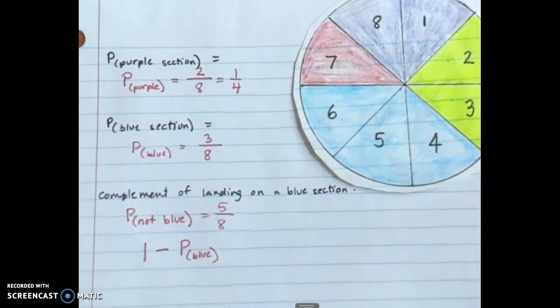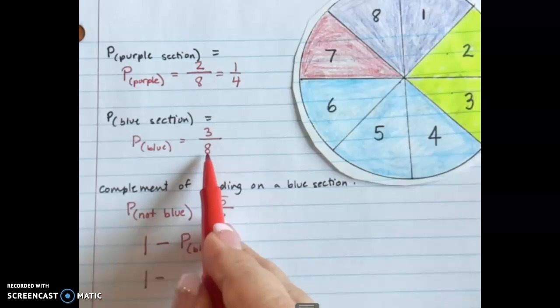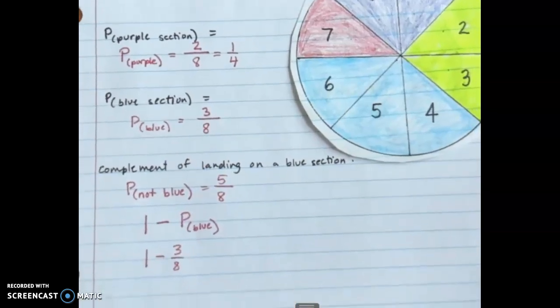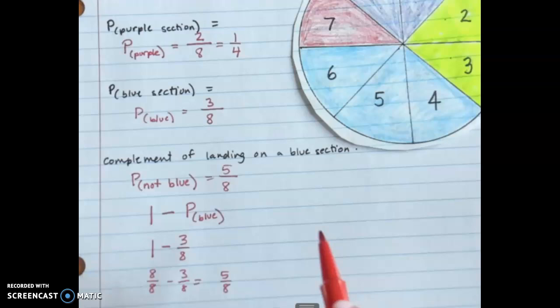So that would be 1 minus the probability of landing on blue. Now we already calculated the probability of landing on blue to be 3/8. So in order to do 1 minus 3/8, I'm going to turn 1 into 8/8. 8/8 minus 3/8 is equal to 5/8. So those are two different ways that we can calculate the probability of the complement of an event.